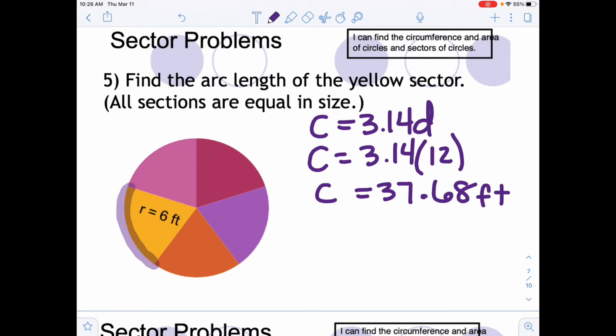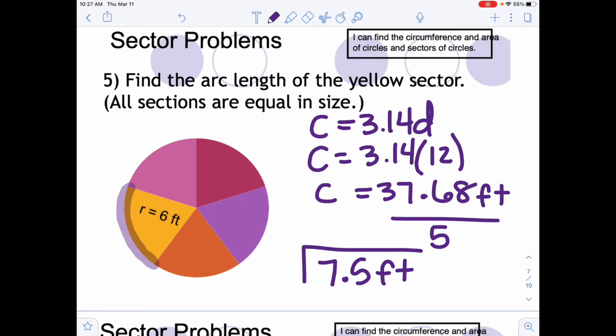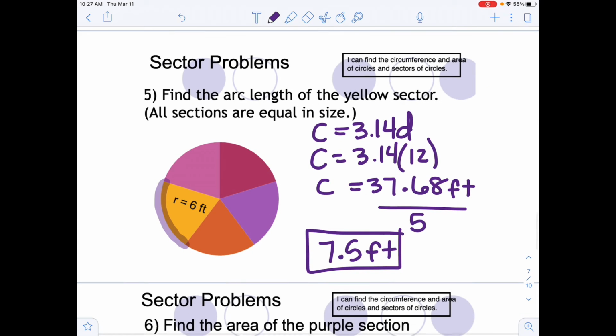And then to get just the one section, I'm going to divide that by 5 because that's going to leave me with just the one piece. And I get 7.536. We'll round to the nearest tenth. So 7.5 feet is just the circumference of that one piece. That arc length, we call it.